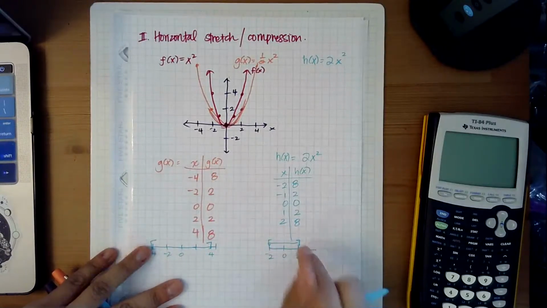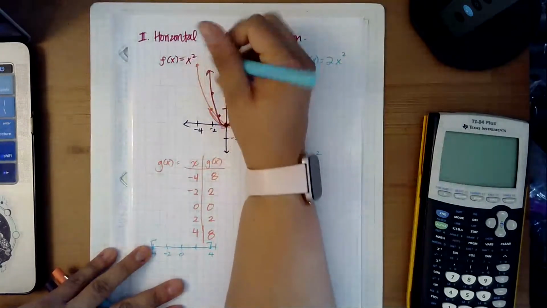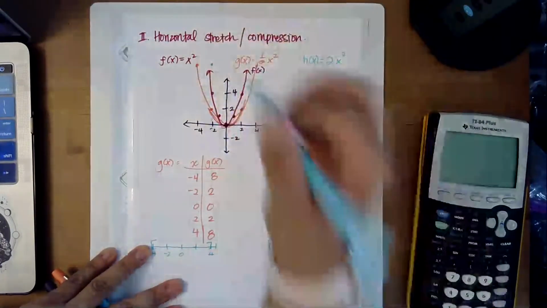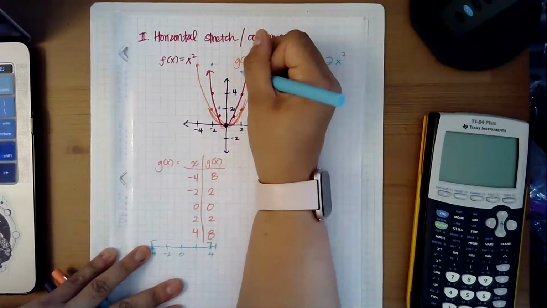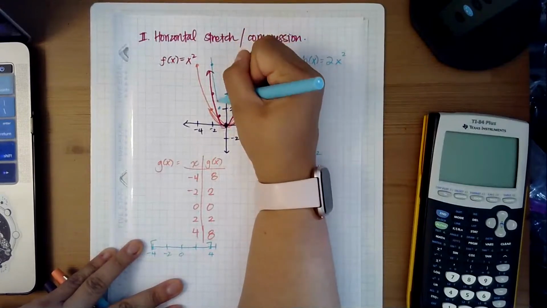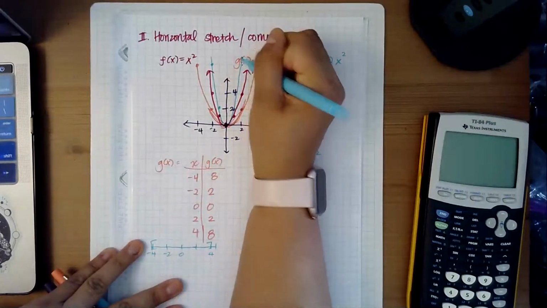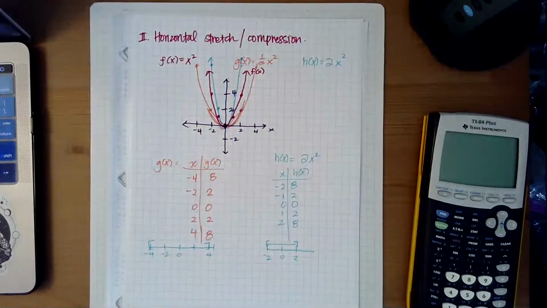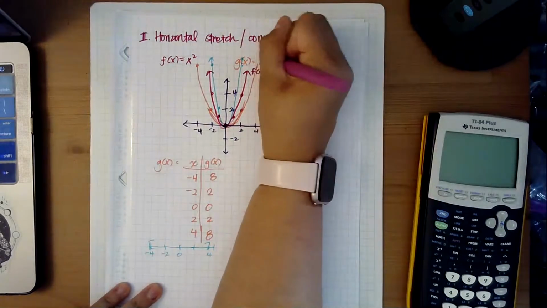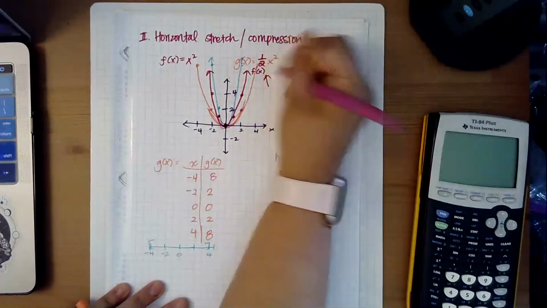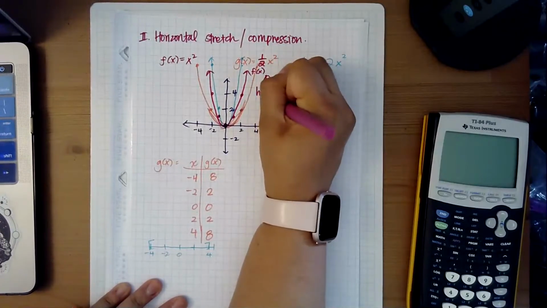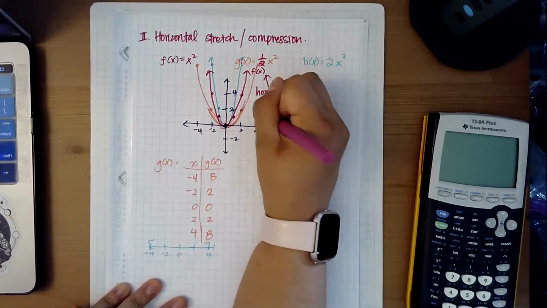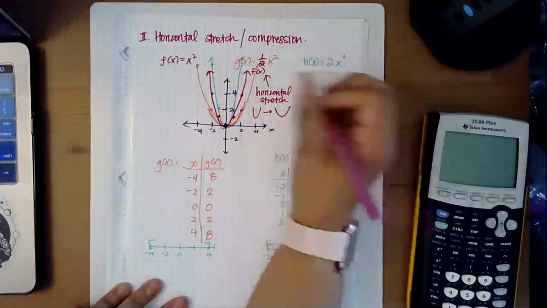And now this one, we'll see what happens. So I have negative 2, negative 2, 8. I have negative 1, 2, 0, 0, 1, 2, and 2, 8. So now this parabola, notice, is a lot thinner, while the other one is wider. So this 1/2 right here gave me a horizontal stretch because my parabola went from being like that to wider.